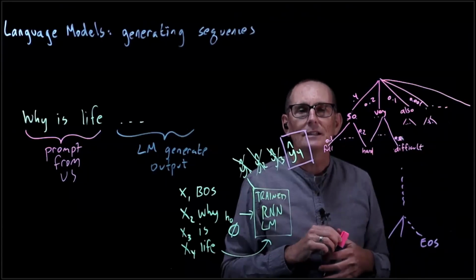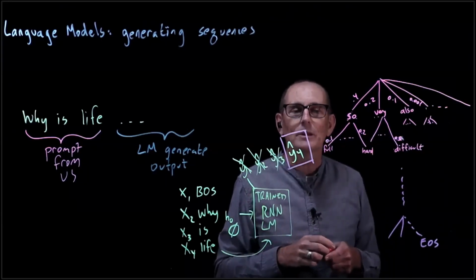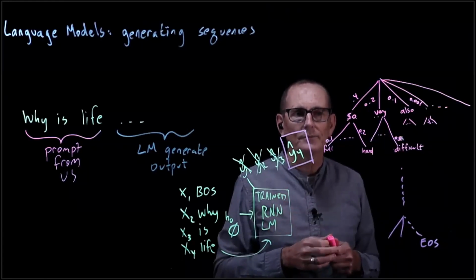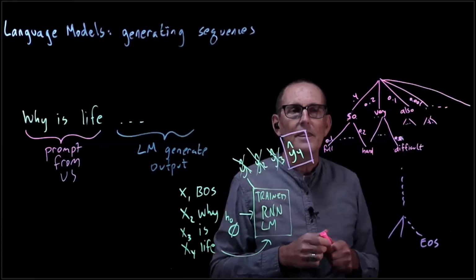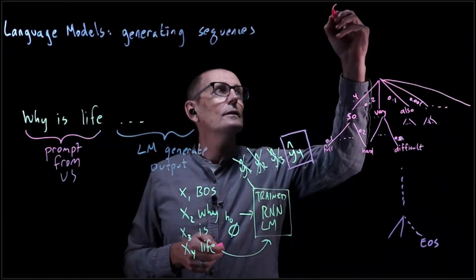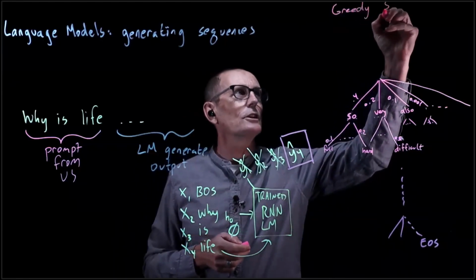And we keep going until eventually EOS, right, end of string must be the highest probability. Does that correctly describe that, Tom? Yeah, I think so. Okay. That would be what we'd call a greedy search. And really what we're doing is searching through this tree.